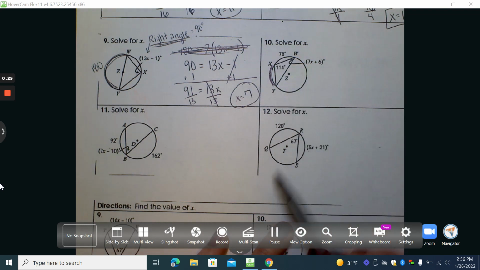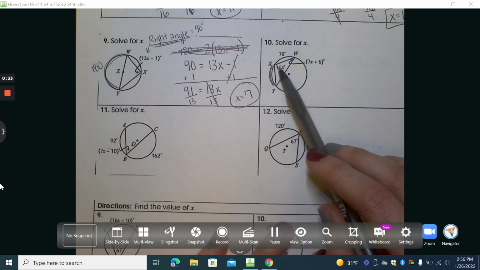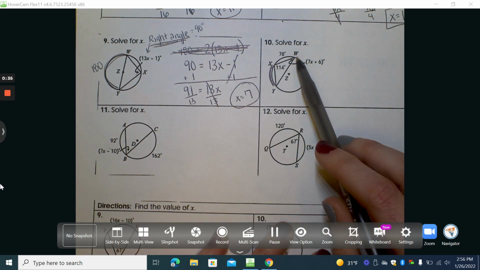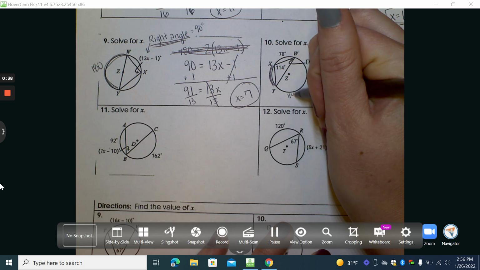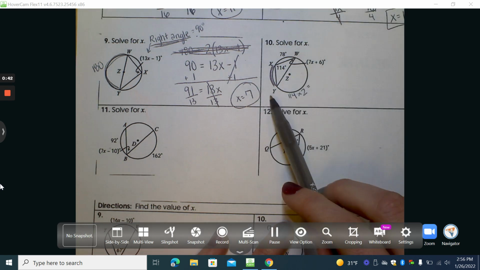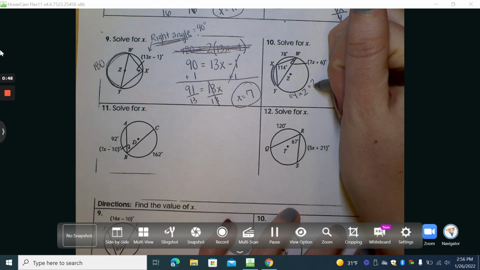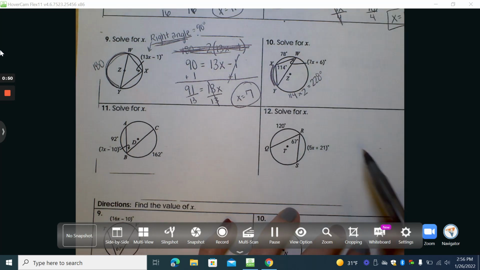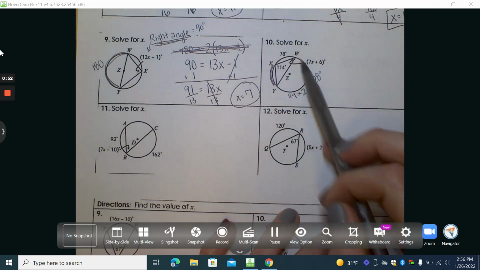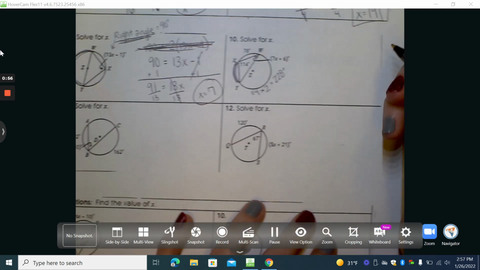I already know 78. The nice thing about this arc, YW, is that it has an inscribed angle. I'm going to take 114 times 2 to figure out my big arc over here. 114 times 2, which is 228 degrees. So I have 78 degrees, 228 degrees. I need to figure out that arc XY.